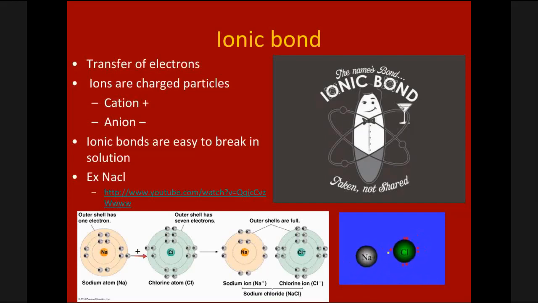So for example, sodium chloride, right? The sodium and the chloride are going to be attracted to each other because they have opposite charge. Now, in chemistry class, your chemistry teacher will tell you ionic bonds are the strongest, right? But from a biological context, ionic bonds in aqueous solutions, in water, readily break apart.